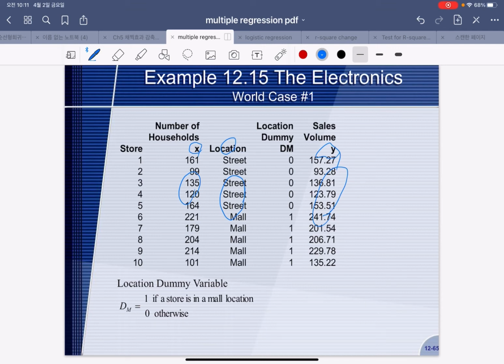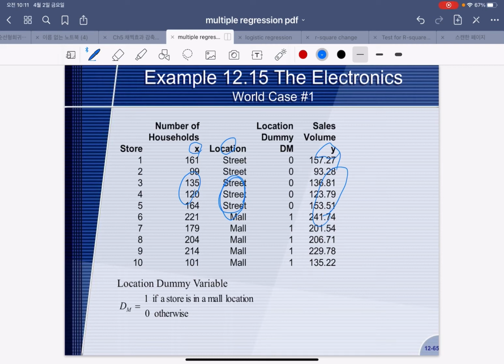So if you want to do the regression, you have to change this data to some number. So you need to create a new variable, called the dummy variable.